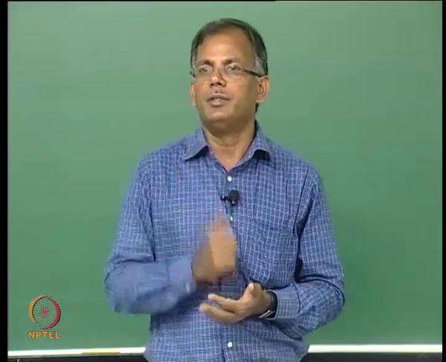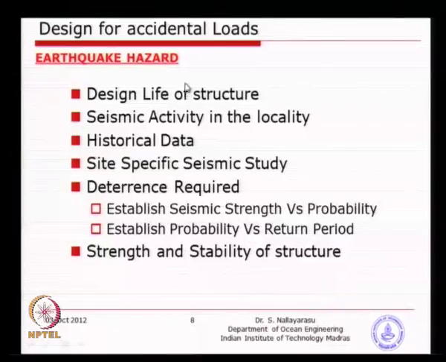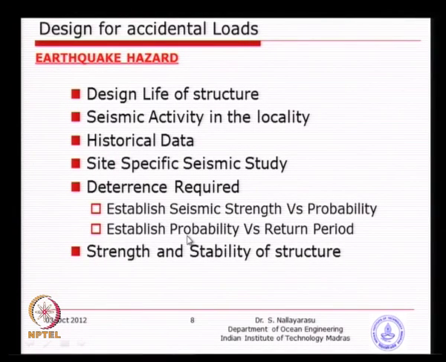So, you can reduce, and then finally once you have all that analysis done to arrive at the strength of earthquake, which is nothing but the ground acceleration, then possibly you can design the structure for that.